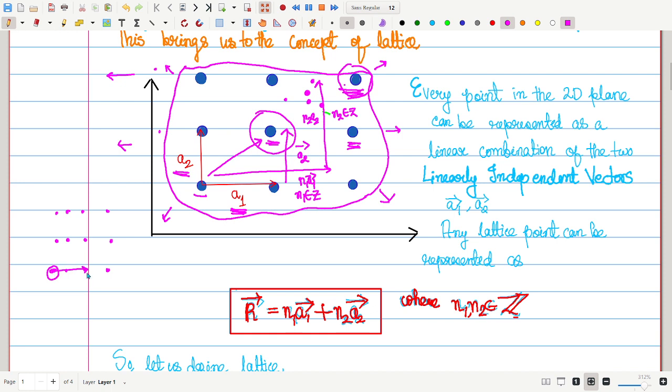For reaching one lattice point from another, we use n1 a1 plus n2 a2, where n1 and n2 are integers. But for reaching any general point, n1 and n2 can be real numbers. So any general point R can be represented as n1 a1 plus n2 a2, where n1 and n2 are real numbers.